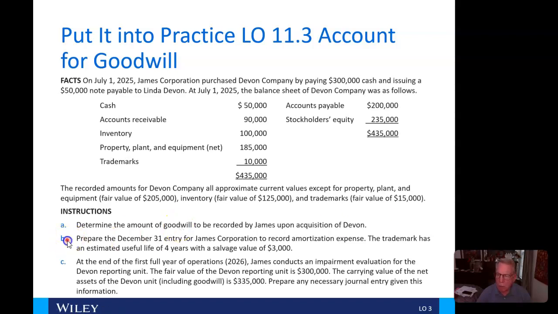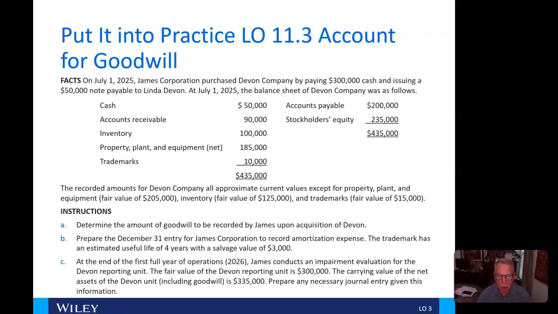Then under Bravo, prepare the December 31 entry for James Corporation to record amortization expense. The trademark has an estimated useful life of 4 years with a salvage value of $3,000. Under Charlie, at the end of the first full year of operations, which is 2026, James conducts an impairment evaluation for the Devon reporting unit.